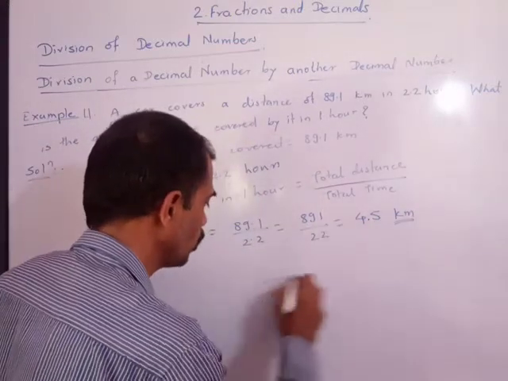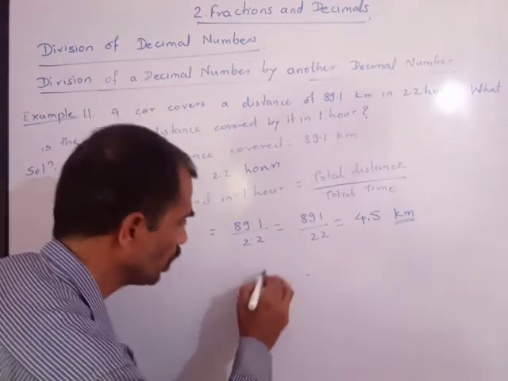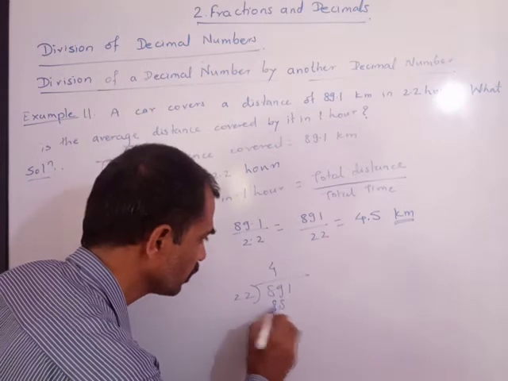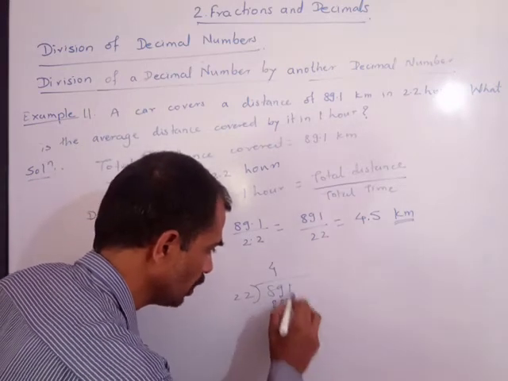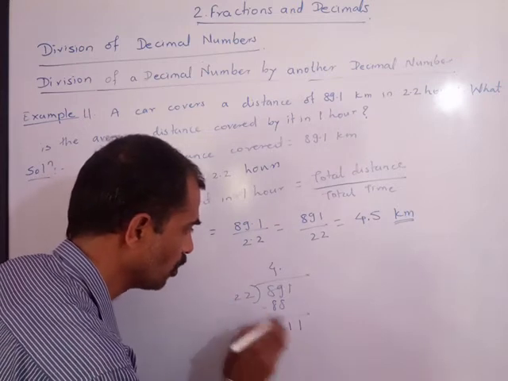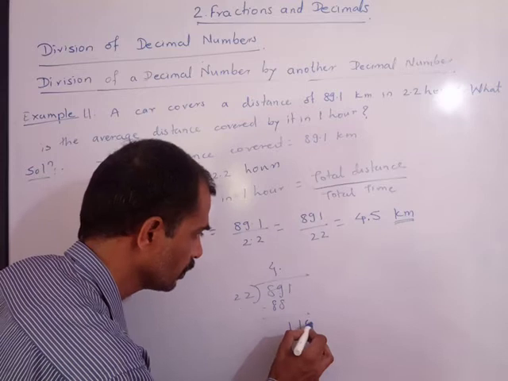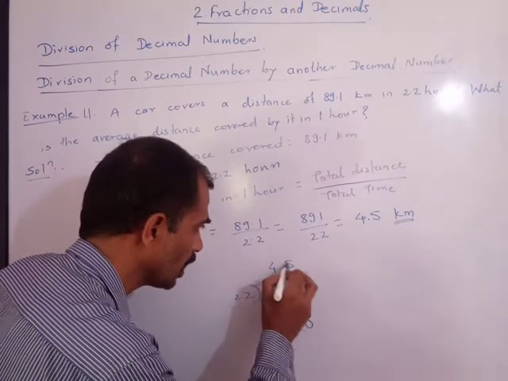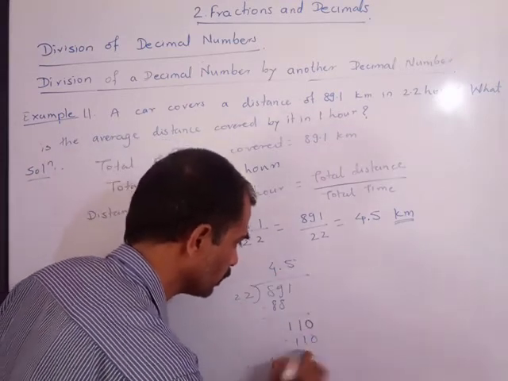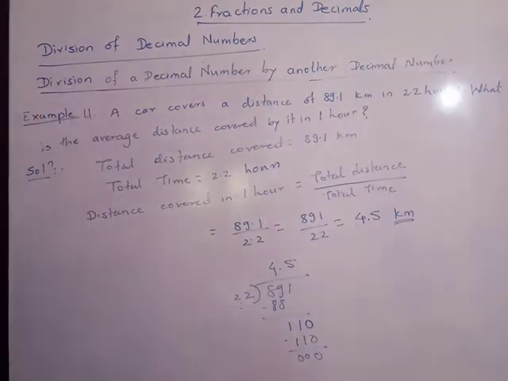I will explain how to do this division. 891 upon 22. 22 4s are 88. Remainder is 1. You can take the next number. Now we cannot do the division, so we have to give the decimal point. Please understand this.